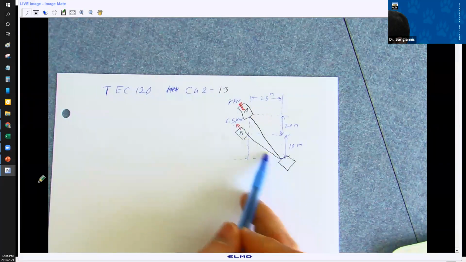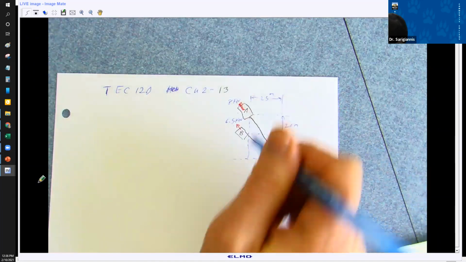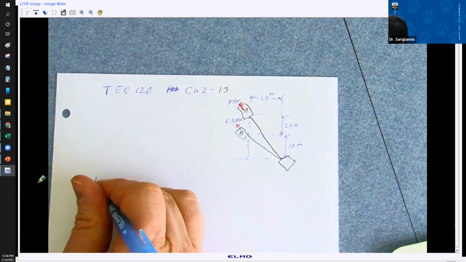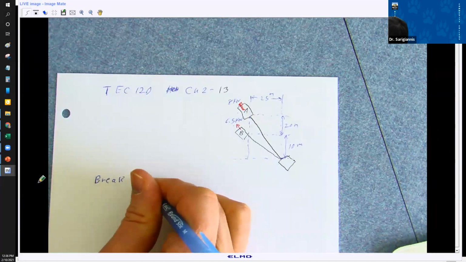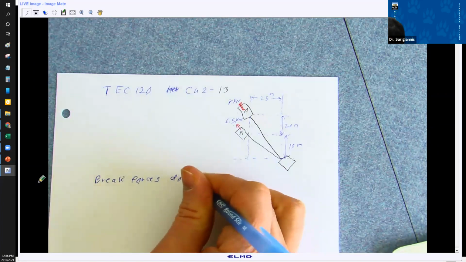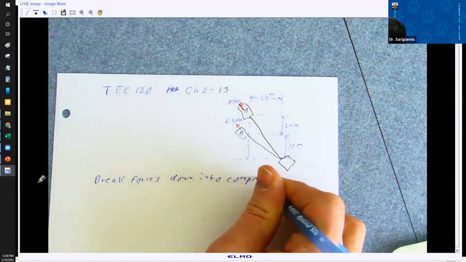But we've got basically two forces, force A and force B. So what we want to do is I want to break the forces down into components, right?